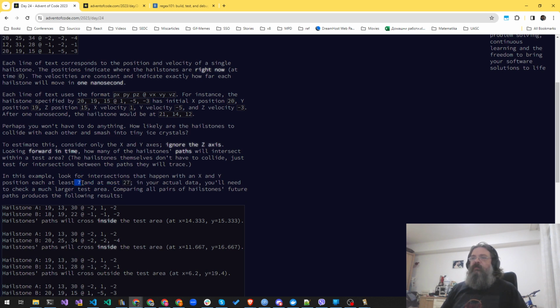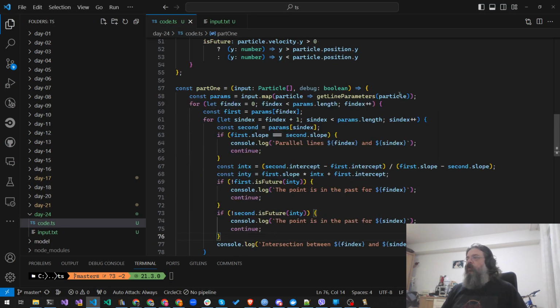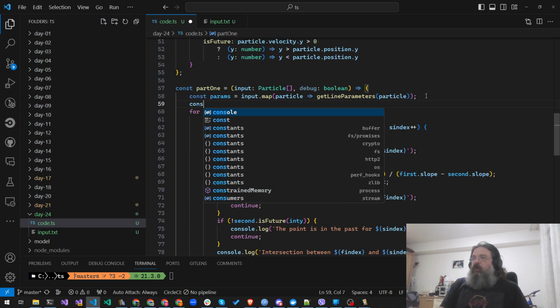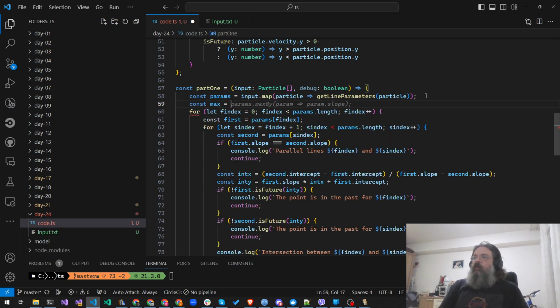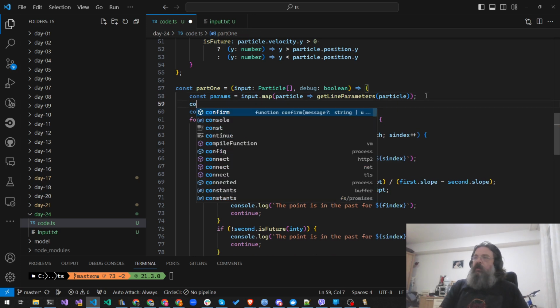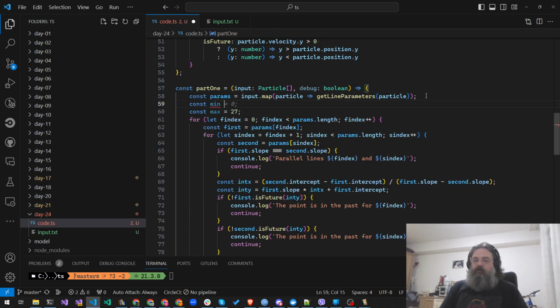So we have x and y between 7 and 27. So if this and this are between 7 and 27, then we're golden. So we're going to say that we have a max of 27 and a min of 7.